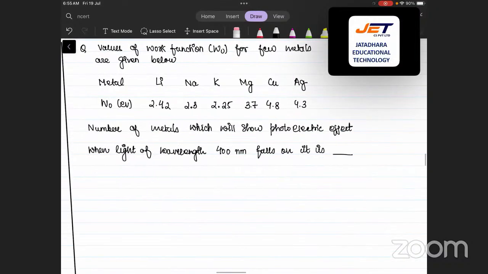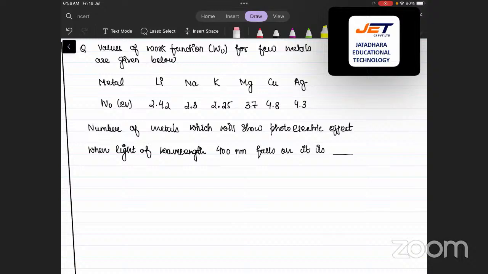And this is the work function of different metals. For lithium it is 2.42, for sodium it is 2.3, for potassium it is 2.25, magnesium 3.7, copper 4.8, and Ag 4.3.